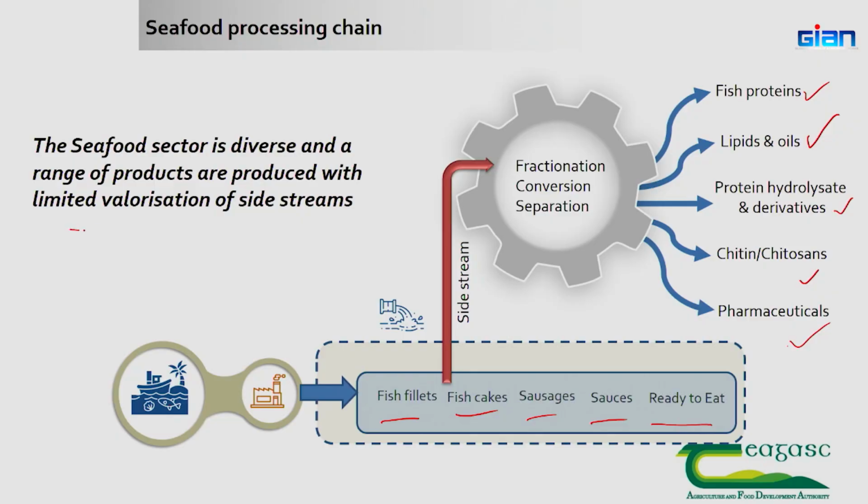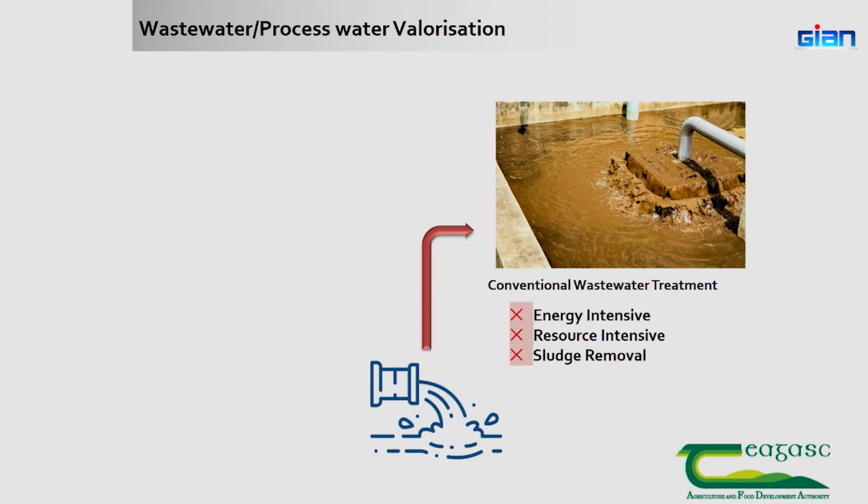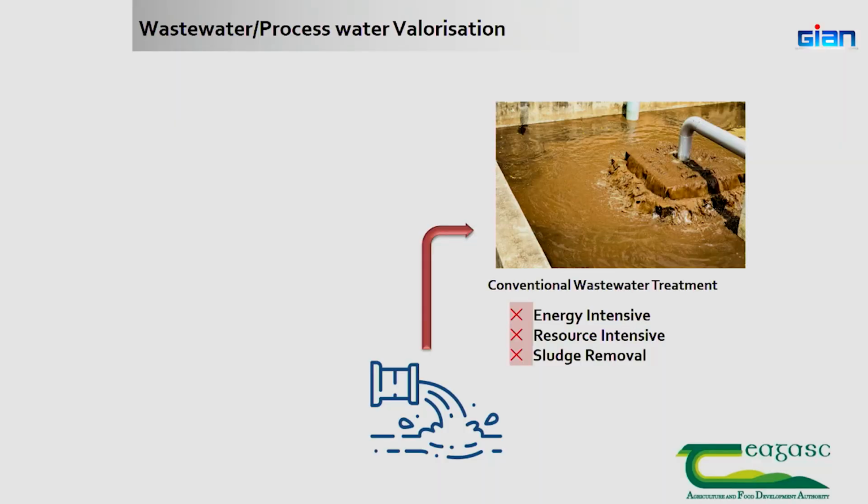So here again, we can valorize a number of side streams into different ingredients, but still the biggest challenge comes with the same wastewater. So what happens to this particular wastewater? Wherever you go, any factory has one thing called a wastewater treatment system. All the wastewater is collected, it goes into a tank, and what is done in this case?